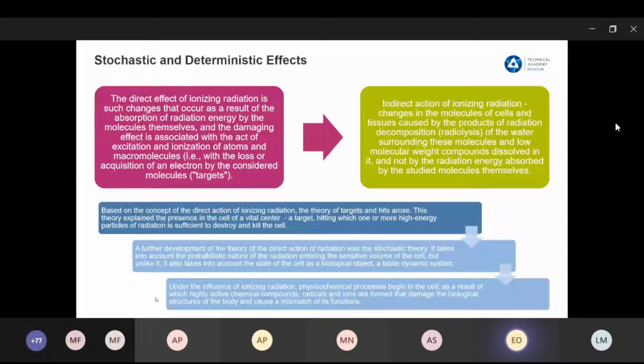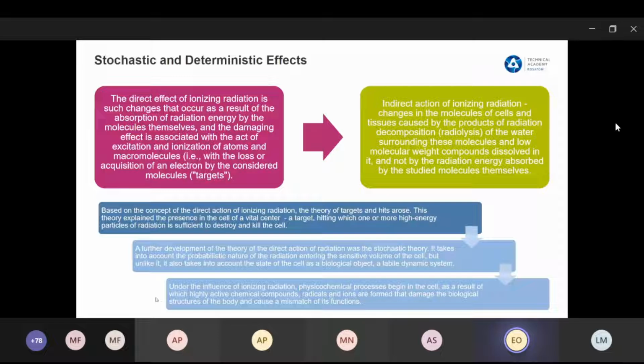Indirect action of ionizing radiation is changes in the molecules of cells and tissues caused by the products of radiation decomposition of the water surrounding these molecules and low molecular weight compounds dissolved in it, and not by the radiation energy absorbed by the studied molecules themselves.